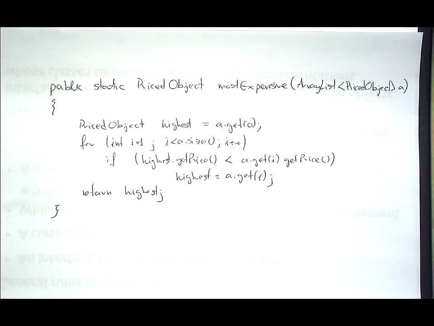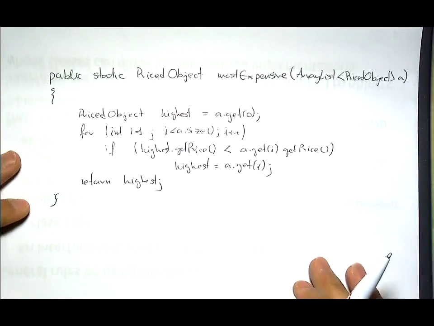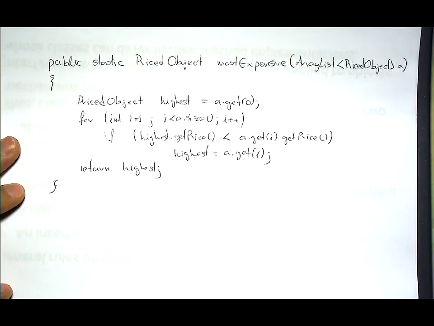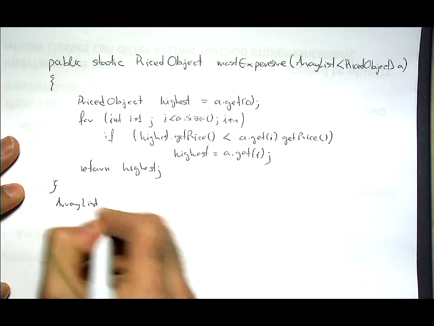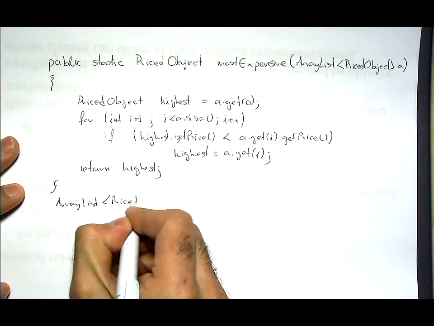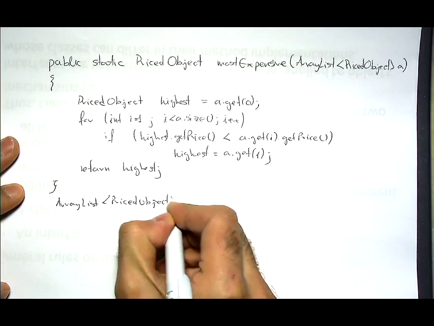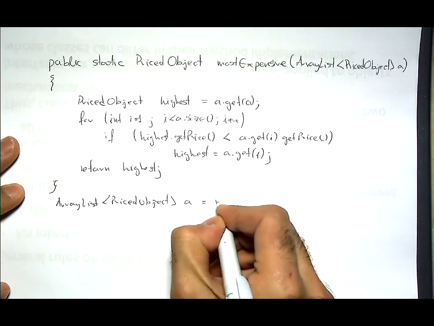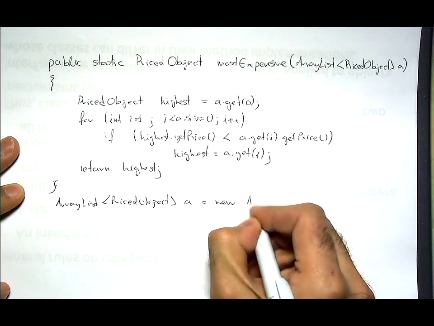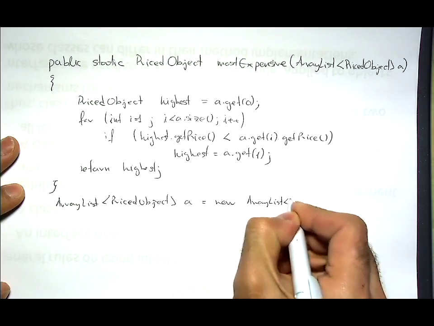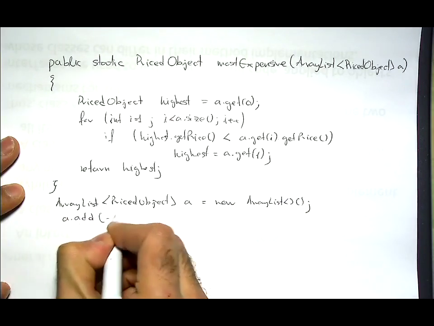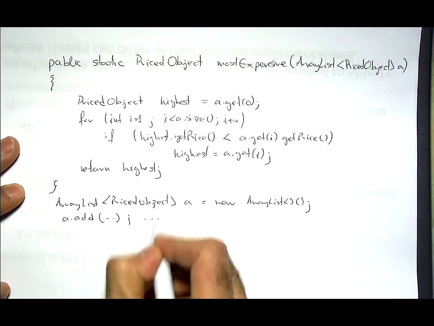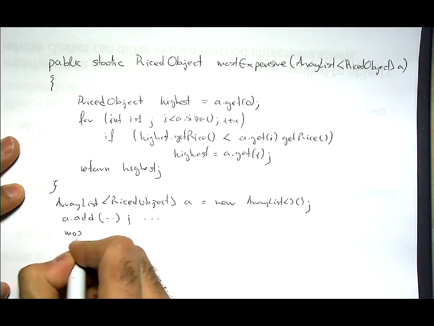And now the question is, if I write this method, and I have an array list of priced object, a equals new array list, and then I add some elements, can I run mostExpensive on it?